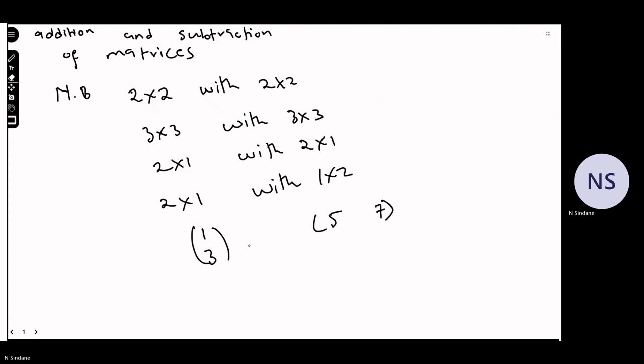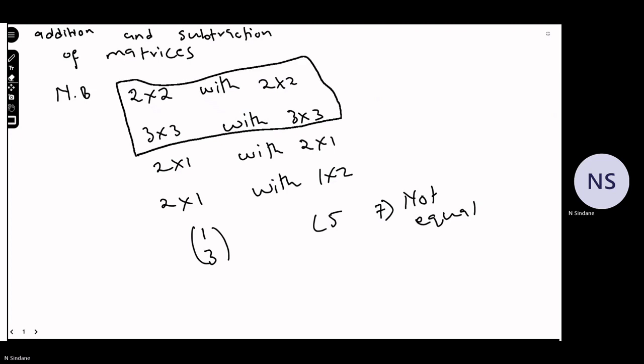So these are not matrices of equal array. They are not equal. You cannot add them. You can only add 2 by 2 with a 2 by 2, 3 by 3 with a 3 by 3, right?